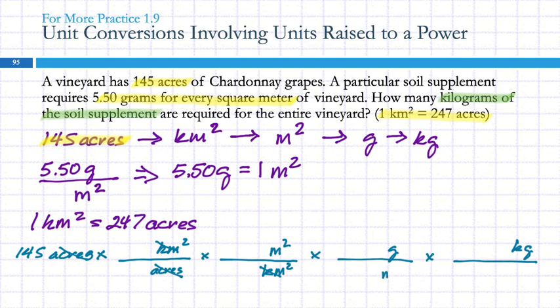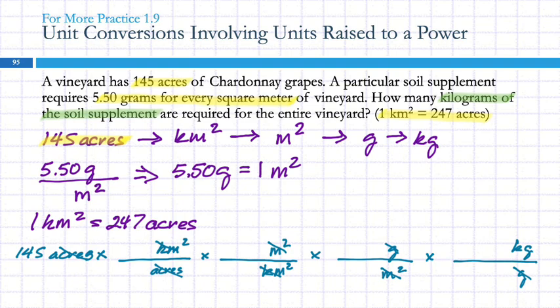And then I'm going to put meters squared down here. Meters are going to cancel out, and grams down here, and grams are gonna cancel out. I've got all my units, they're all canceling out, and the only unit that's left is the one I'm trying to find. Right?